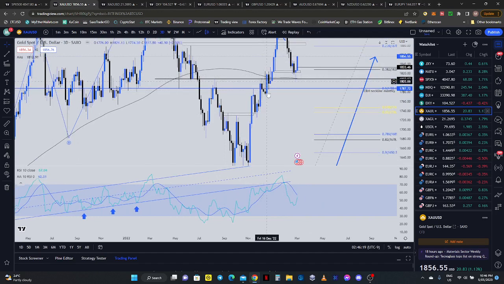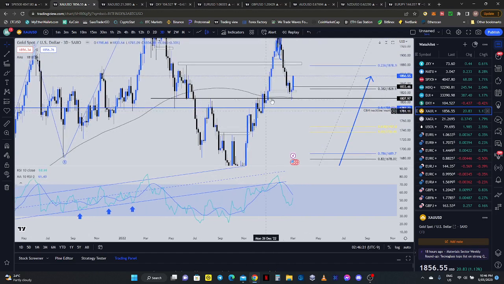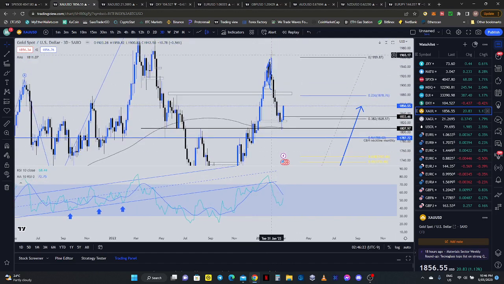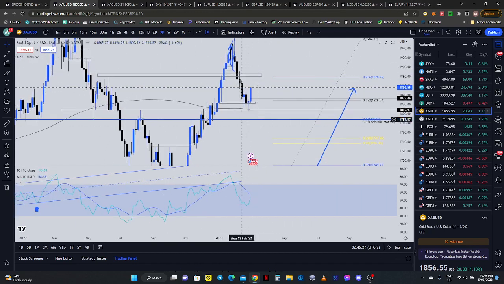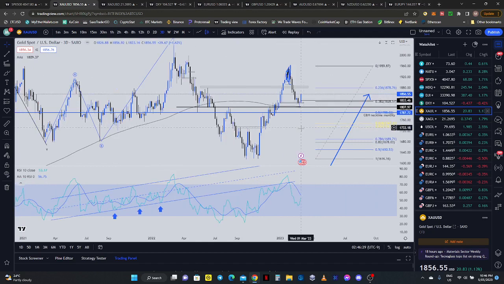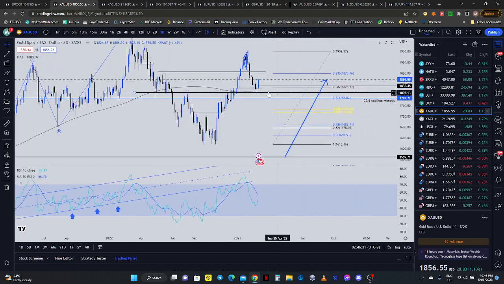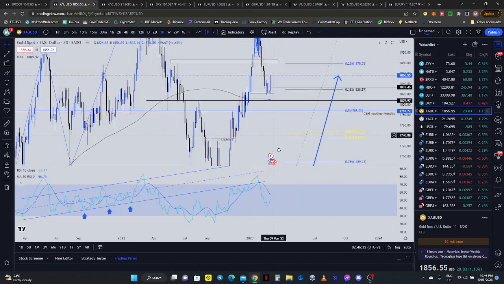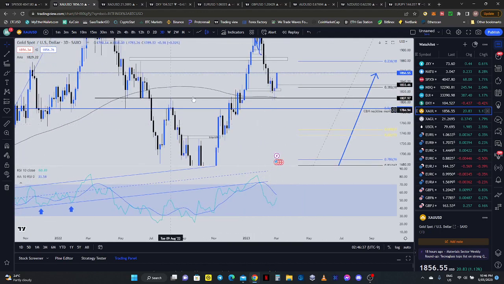You see the wicks, right? Big fight to get through that level, broke through, charged up, hit the higher supply zone, sold off, tagged the 382, and retested that level, and currently has flipped it to support.